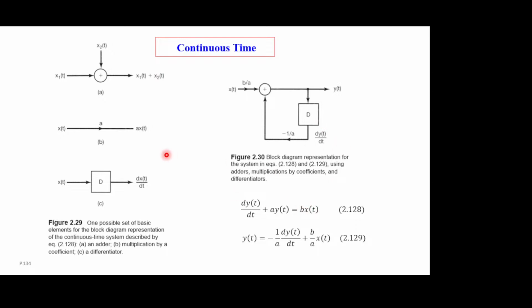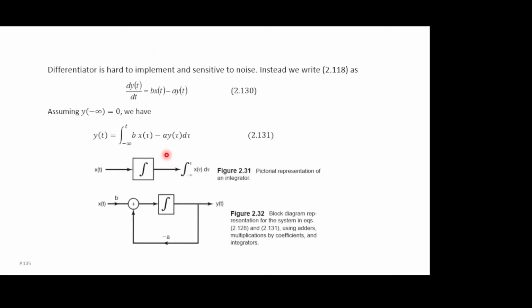But it turns out now we are doing engineering, and then we need to consider more practical issues. And it turns out that the differentiator is a very bad component to build. It's very unstable, and sensitive to noise. So instead of a differentiator, we want to use an integrator.